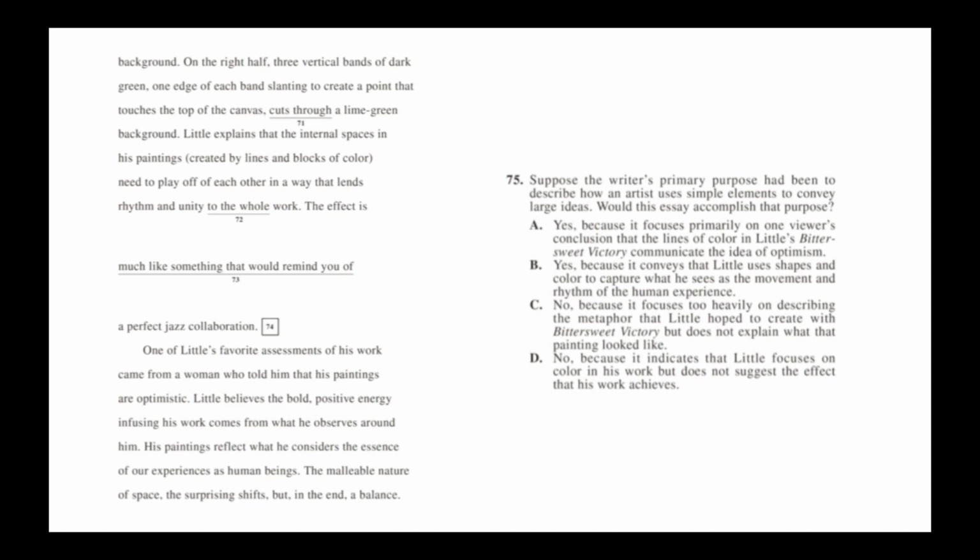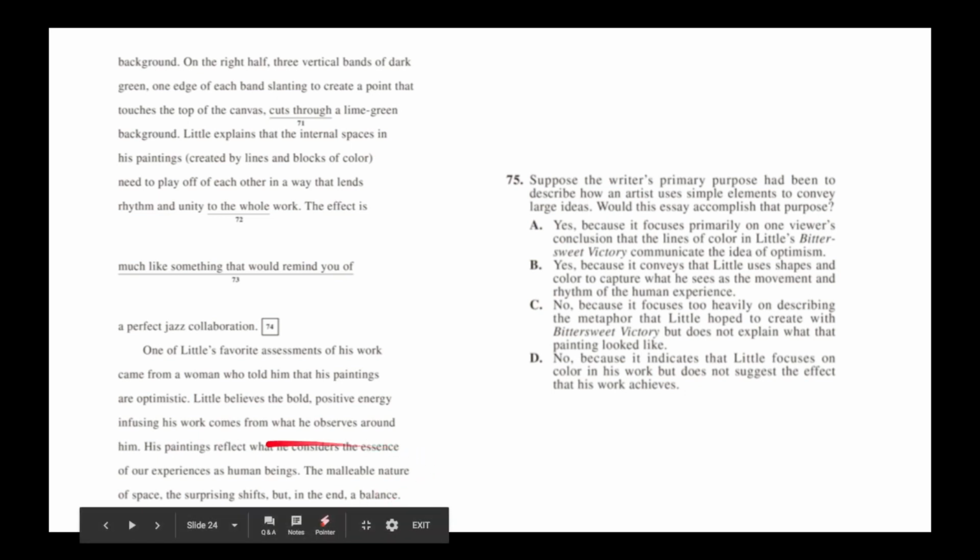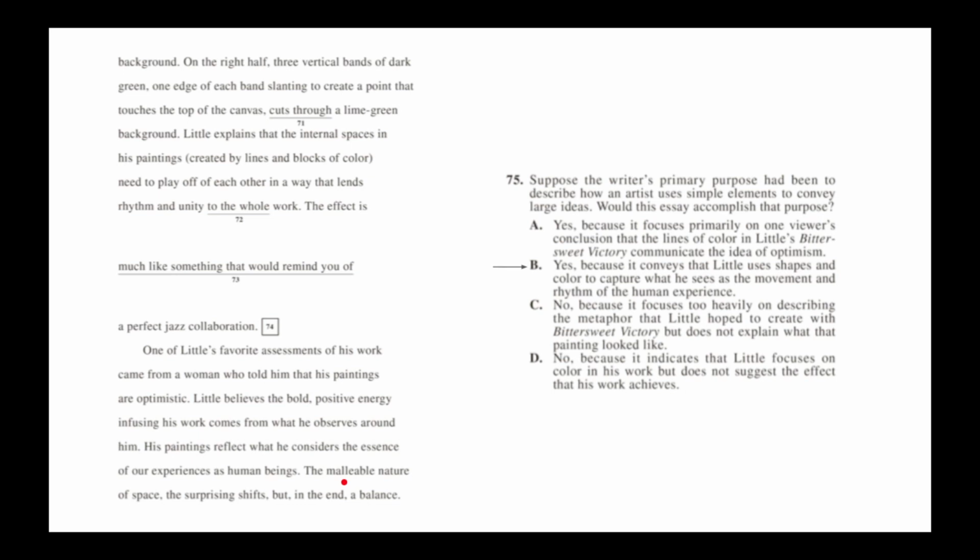Because it conveys that Little uses shapes and color to capture what he sees as a moment and rhythm of human experience. He even says this in one of the last sentences. His paintings reflect what he considers the essence of our experiences as human beings, and that's in his conclusion. Therefore, he's concluding the idea that option B states. So that's why it is correct.